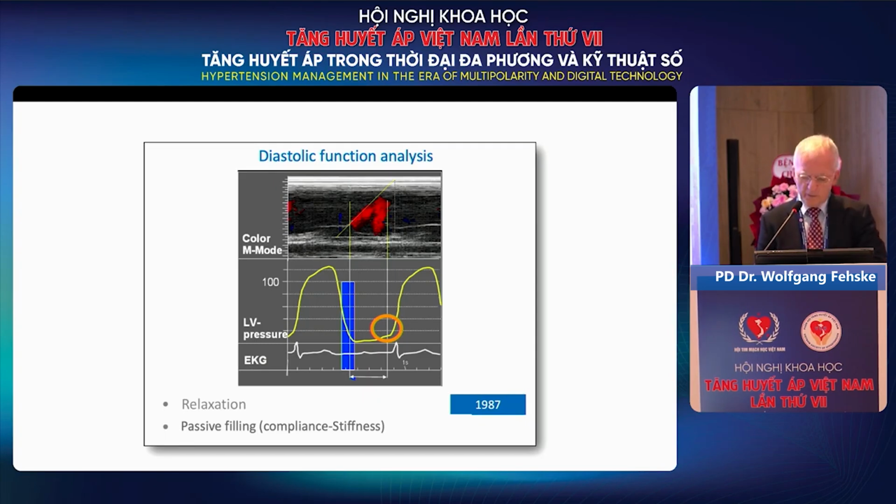At that time we thought that with color mode we have a certain idea of what the relaxation of the ventricle could be, and at that time we thought that this would be an ischemic parameter. This was not true, but we know of course that still today, and this is renewed again with the new recommendations, that we have to differentiate between the relaxation and the compliance or the stiffness of the ventricle.